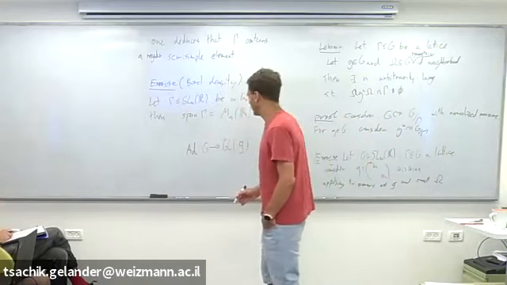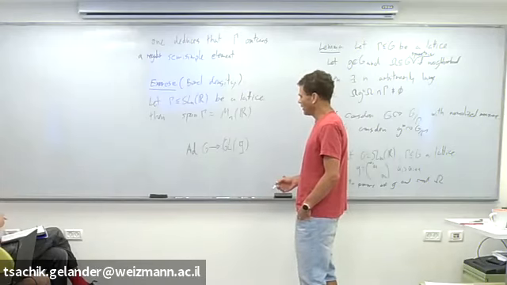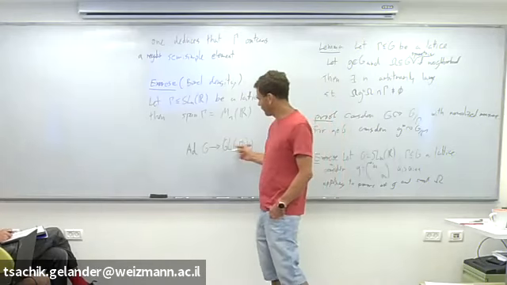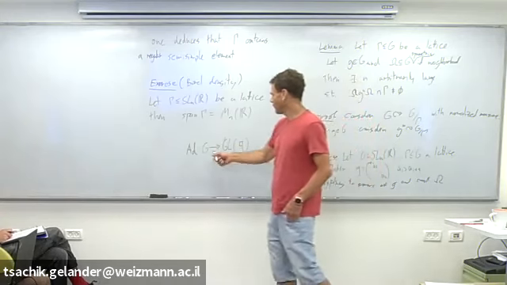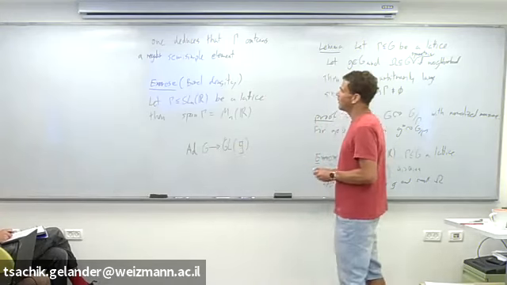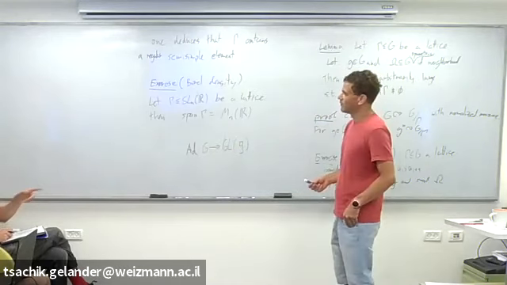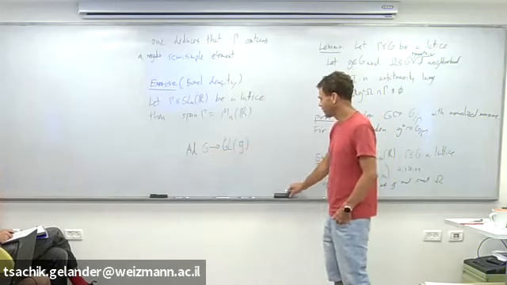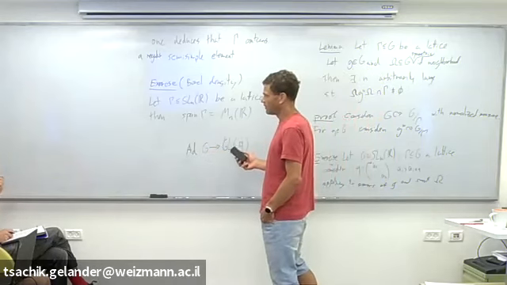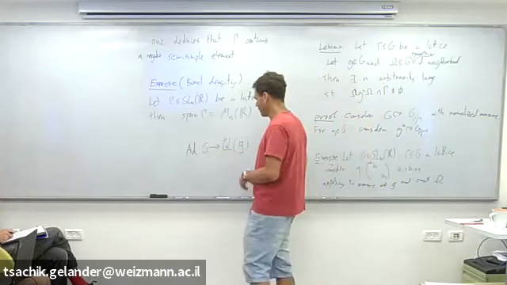So you just act by conjugation, and this gives you a matrix representation. If we are mostly interested in lowercase ad, I mean the derivative, the differential. You mean this?